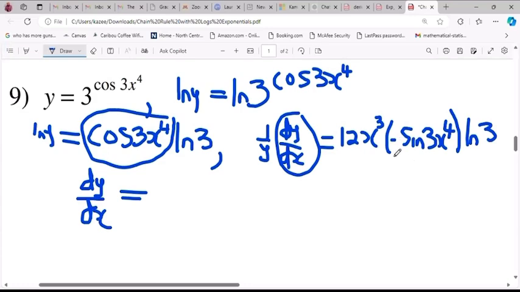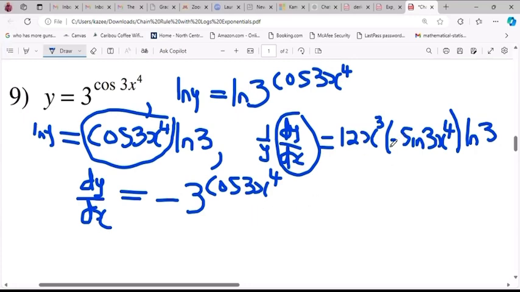Because of the negative that we have, I can first write the y out, otherwise I'm going to get a very huge expression. That's my y. The negative here is the one from here.